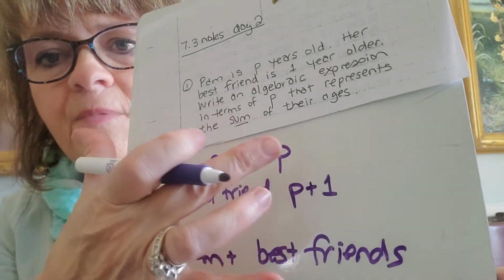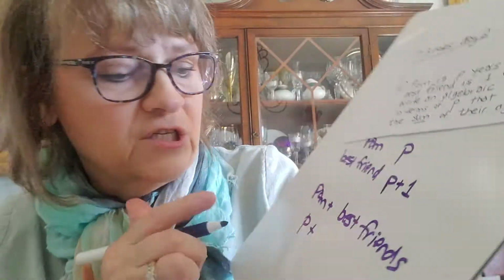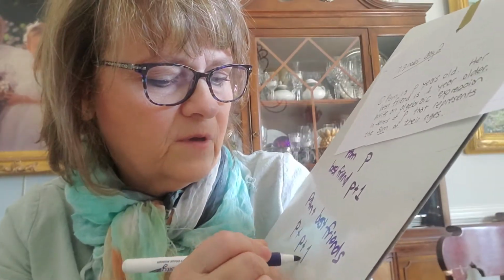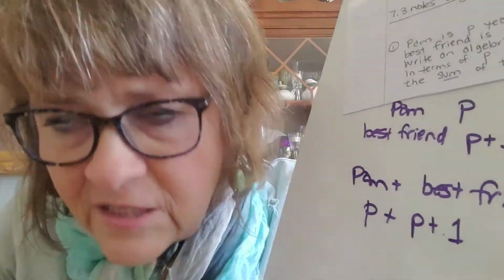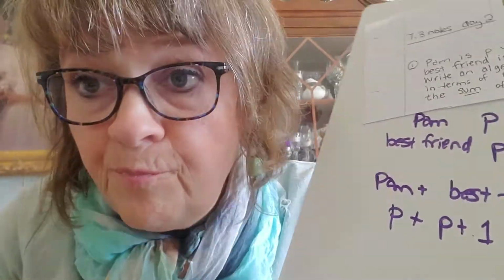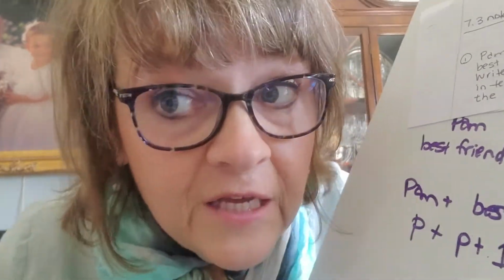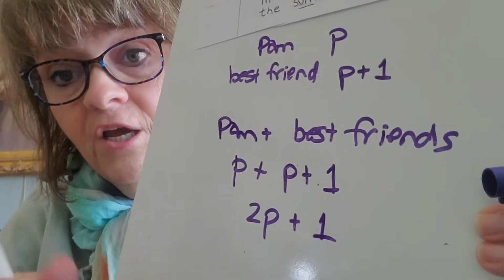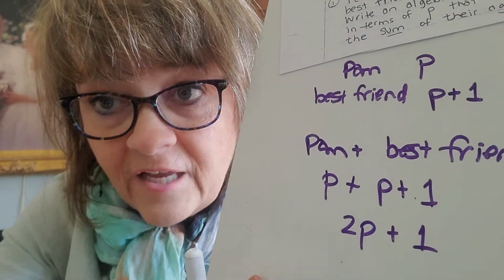But Pam's age is P. The best friend's age is P plus 1. So it looks like this. But we can simplify that because P plus P, one of those P's plus another P makes how many P's? 2 P's. So that's 2P plus 1. You do still have to keep that 1 separated. Okay? Got it? All right, let's do another one.